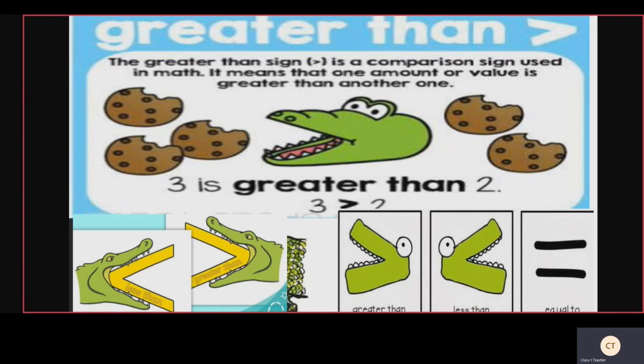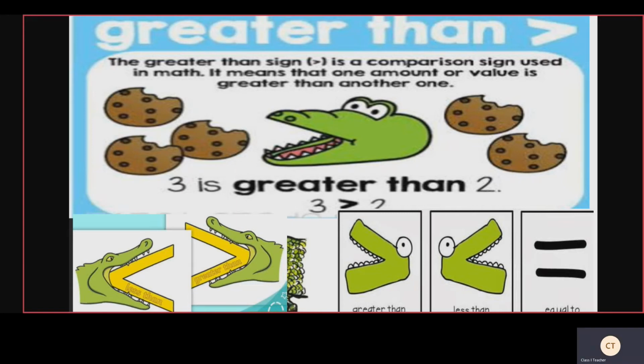Remember that the alligator always wants to eat as much as it can, so it opens its jaws to the larger quantity. Look at this picture, all of you.